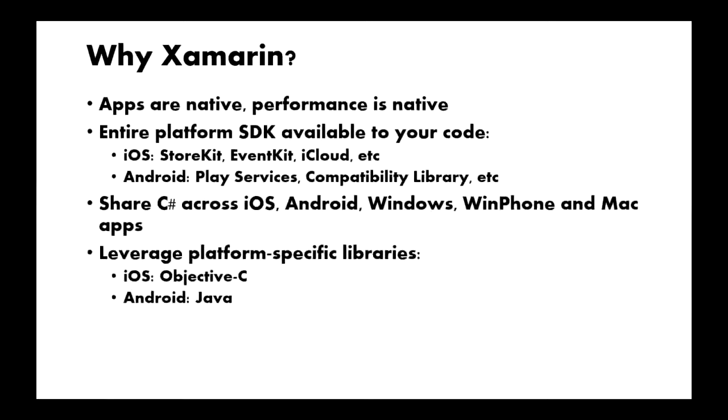So you can get native performance, and you can use all the native controls. You can do everything you can do with these native languages and these native development kits in Mono and in Xamarin. So you can share C# across iOS, Android, Windows, WinPhone, Mac, and Mac apps. That means you can have a core library, and all you're really programming that is unique to those devices are the user interfaces.